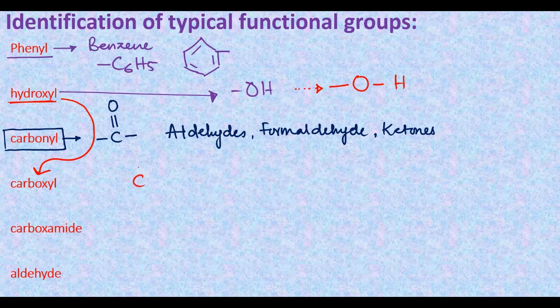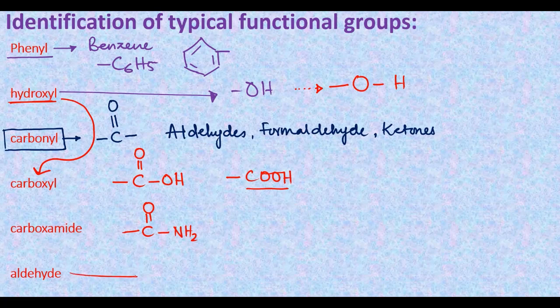Means if we have a carbonyl group with a hydroxyl group attached on one side of the carbon and the other side is free, that is called a carboxyl group, also shortly written as COOH. Carboxamide group is the carbonyl group having an amide attached on one side of the carbon. That is the name of the functional group, which is the same as the name of the class carboxamide.